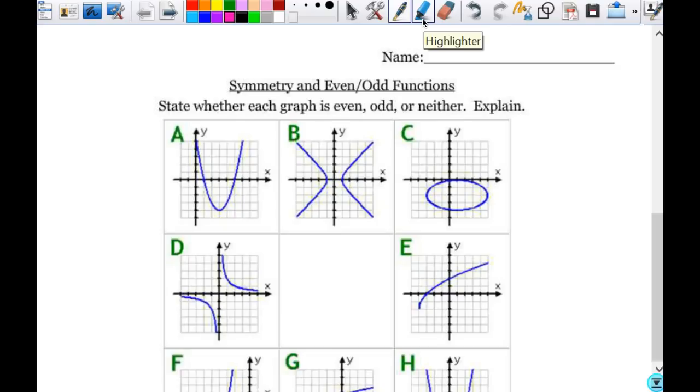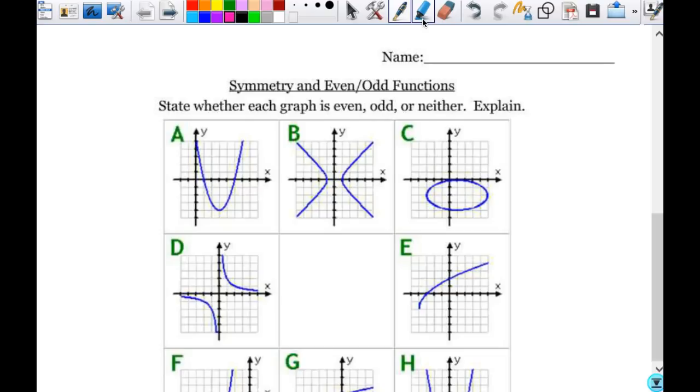We're going to start on the front with A. Okay, so A, and the directions here are state whether the graph is even, odd, or neither, and explain. So for A, do you think it would be even, odd, or neither? Okay, so let me ask you this. Does it have symmetry? Yes.